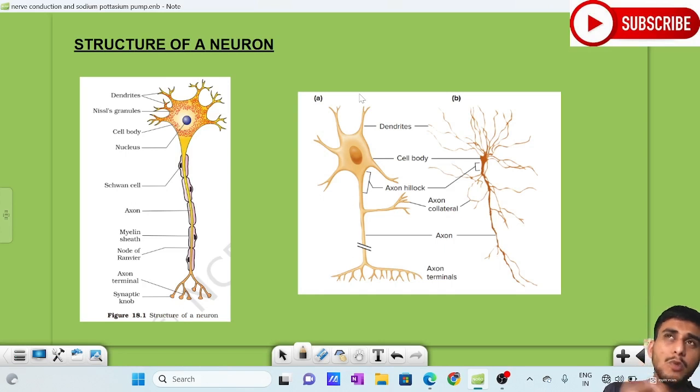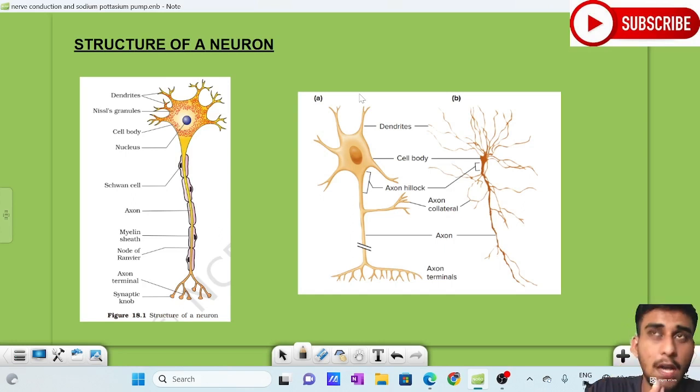You should probably have a doubt: why only a nerve cell helps in signal conduction? It is because nerve cells exist in a polarized state. What is a polarized state? A polarized state is a state when there is a separation of charge, right? When a system is in a polarized condition, it actually has two ends of charge, negative and positive.